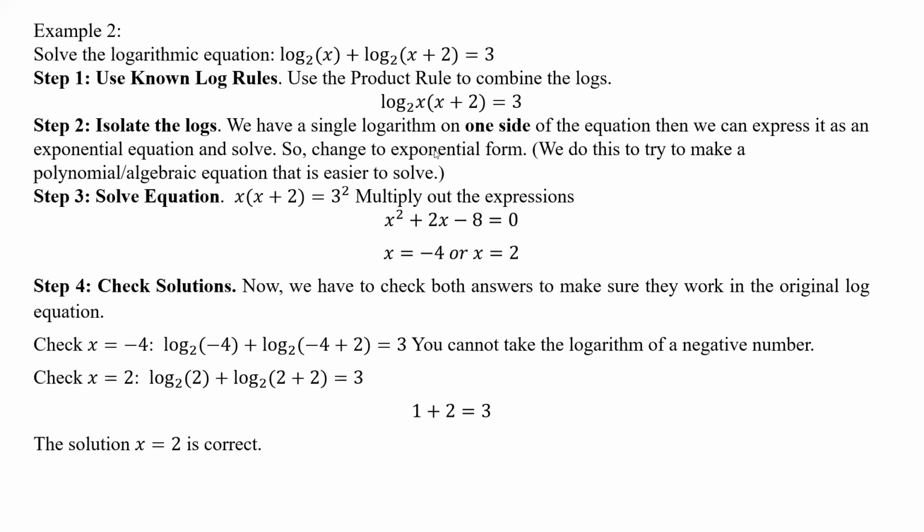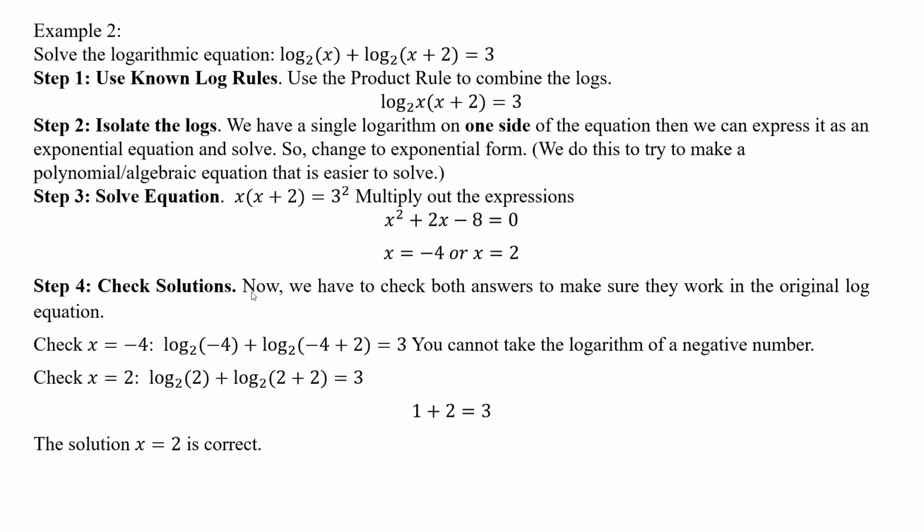So change to the exponential form and solve this given equation. Multiply all the expression and take this quadratic equation. So the solution of the quadratic equation is x equal to -4 and 2.